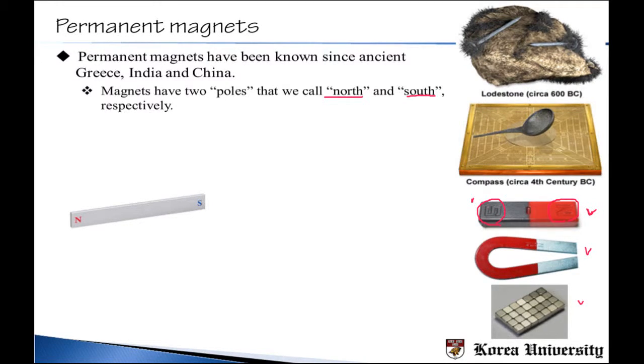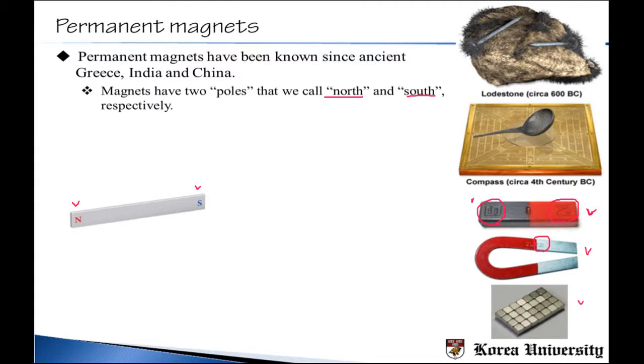And then here, very small, is written N, right? Probably this part is also a North Pole in the case of the horseshoe magnet. So typically we will use the red color for the North Pole and blue color for the South Pole.